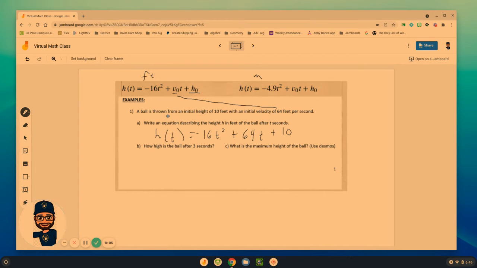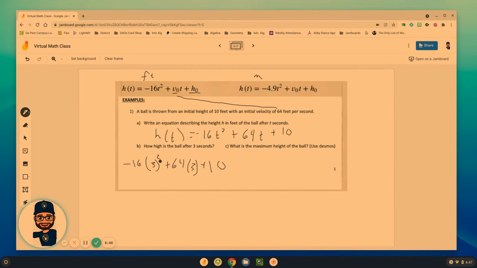Everything else stays. Now they'd like to know, how high is the ball after 3 seconds? Well, that means my t value is 3. So I need to evaluate by plugging in 3 into that entire equation, and then we're going to calculate that to see what value we get, and that would tell us our height. 3 squared would be 9.